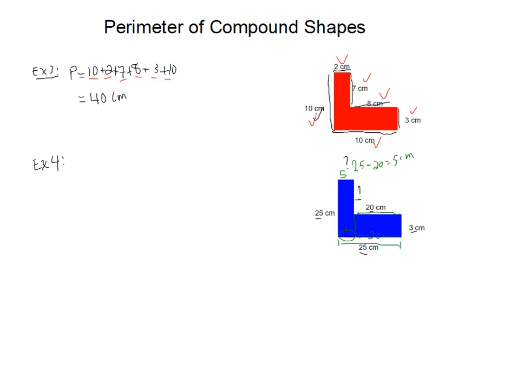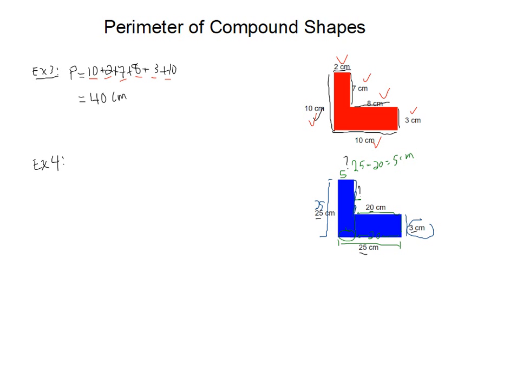Now let's find this other check mark here. We're going to use the same kind of logic that we did. The distance, let me change the pen color again. The distance from the top to the bottom is 25 centimeters. And this part right here doesn't go from the top to the bottom. It goes almost to the bottom, but it's 3 centimeters short of going to the bottom.